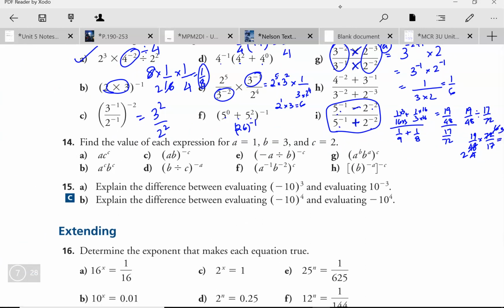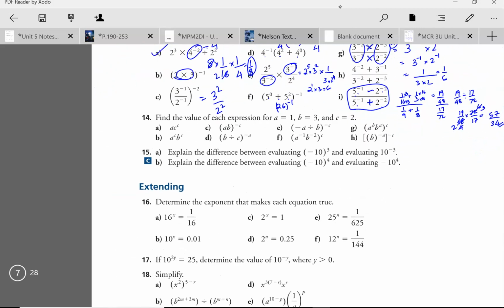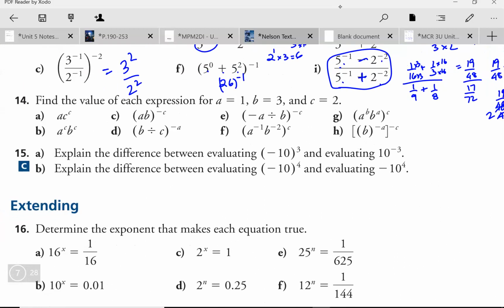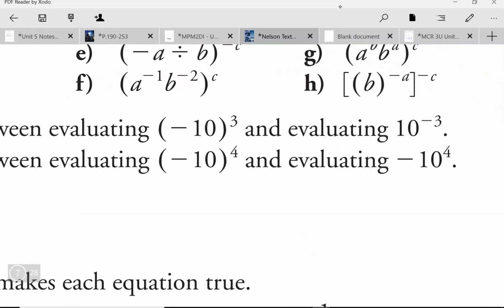Question 15, explain the difference. Okay, this is a good question because it is something I was hoping to get to. Explain the difference between evaluating negative 10 to the power of 3. In this case, the negative is part of the base, right? So your answer will have a negative in it most probably.